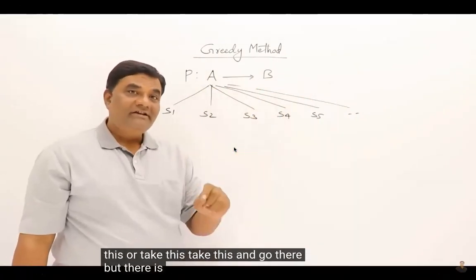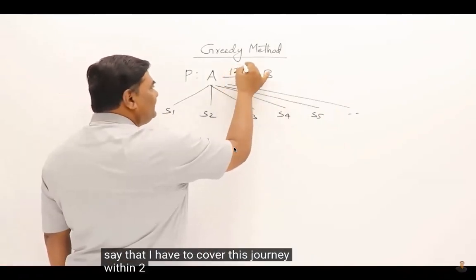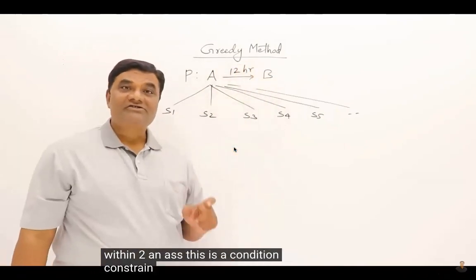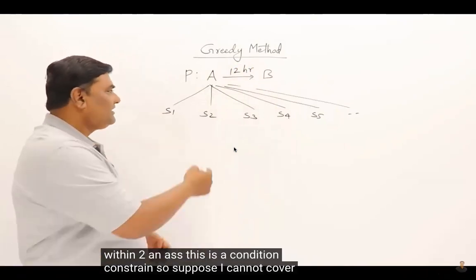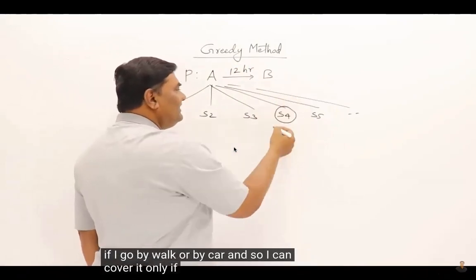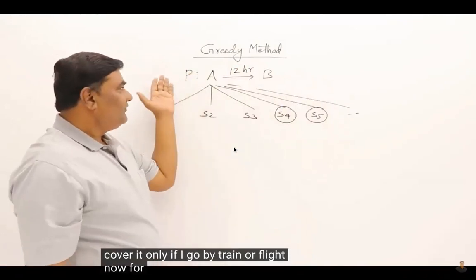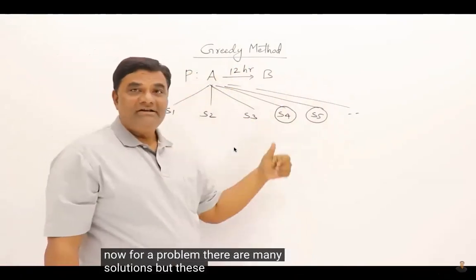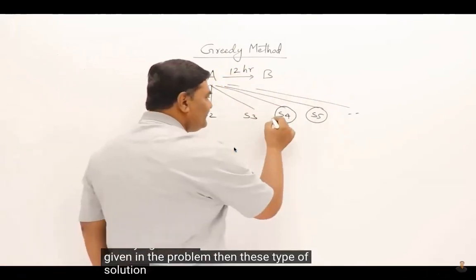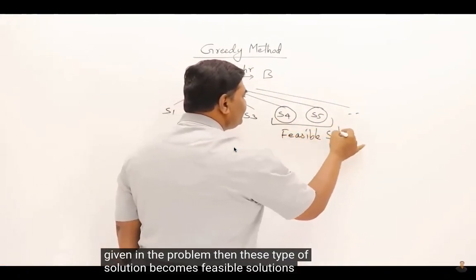But there is a constraint in the problem. I say that I have to cover this journey within 12 hours. This is a condition, a constraint. So suppose I cannot cover it if I go by walk or by car, and I can cover it only if I go by train or flight. Now, for a problem there are many solutions, but the solutions which satisfy the condition given in the problem become feasible solutions.